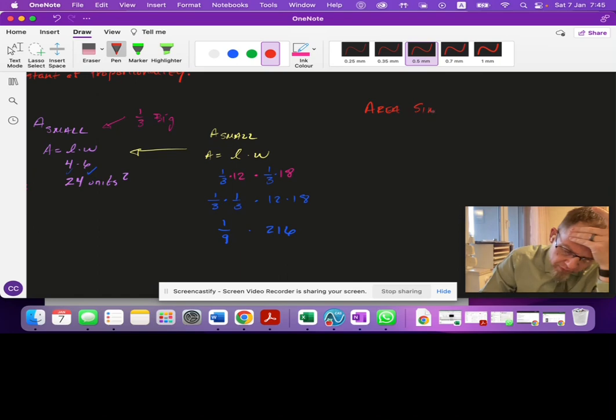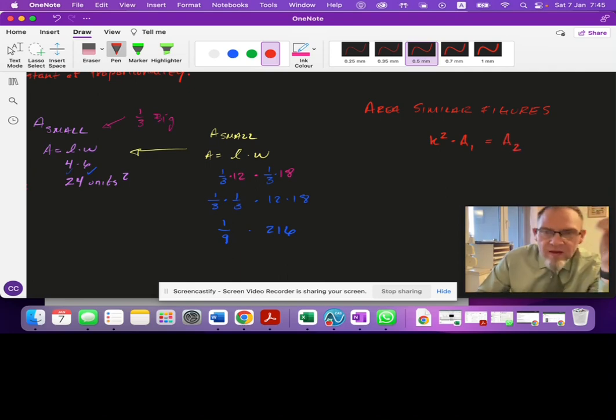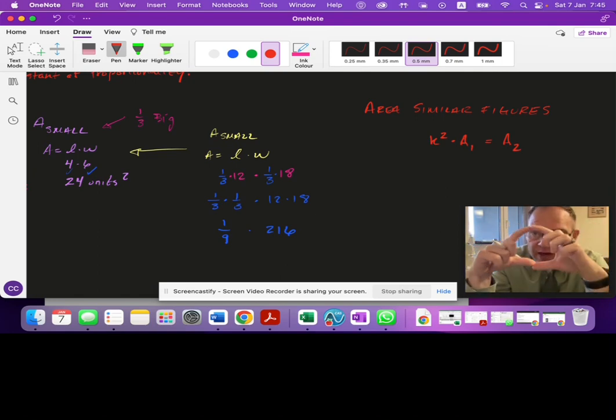So what we're doing when we are trying to compare the area of similar figures, the area of similar figures is always going to be that k value squared times the area of one is going to be equal to the area of the second. That is a really important idea. We take that constant of proportionality and we square it because we're dealing with area.